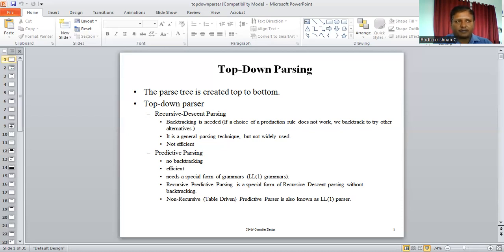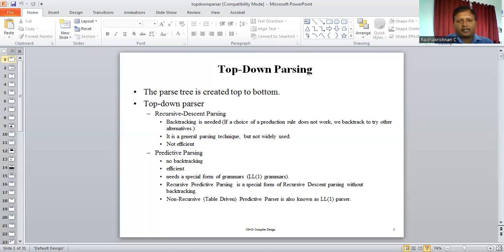So the grammar is called LL1 grammar. Predictive parsing is a special form of recursive descent parsing without backtracking. That is our simplest introduction.